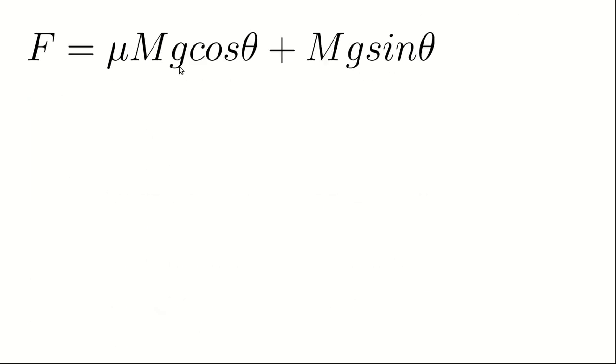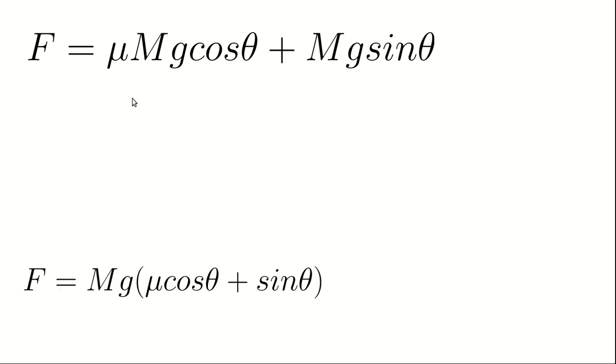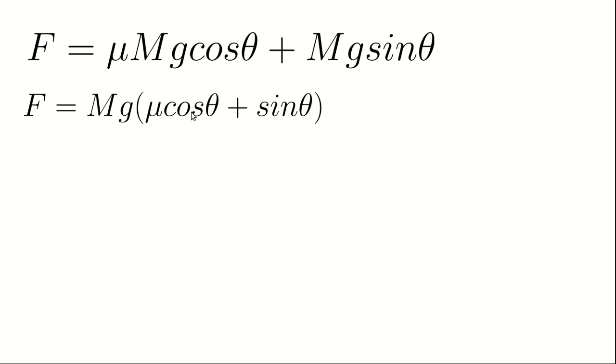F equals mu mg cos theta plus mg sin theta, and at the end we make F the subject of the formula. So this formula is useful when the block is not moving, but you are asked to find the force needed to set that block in motion, and so this is the formula you need to use, right?